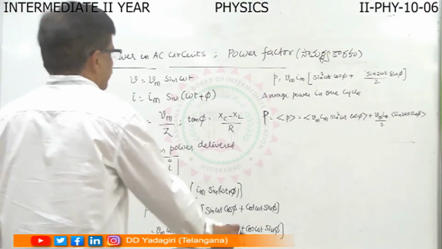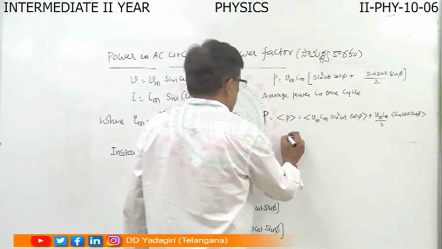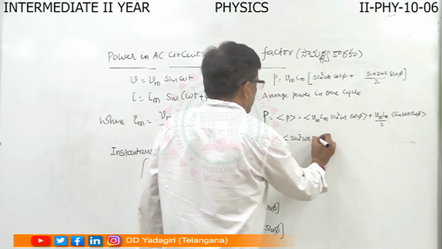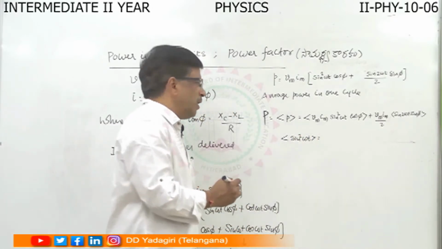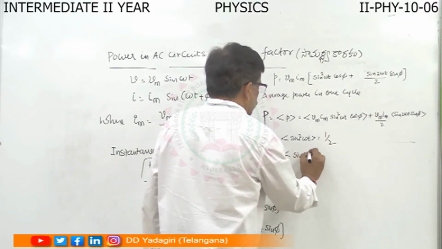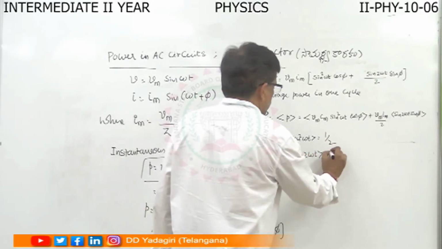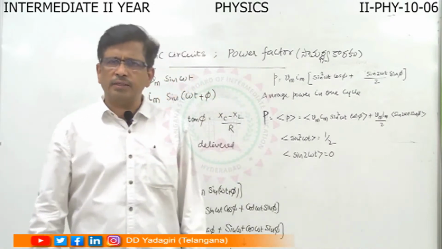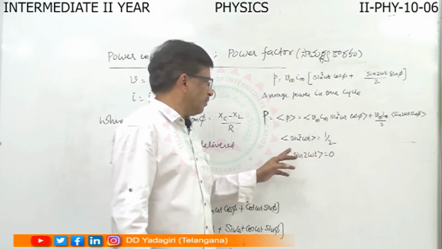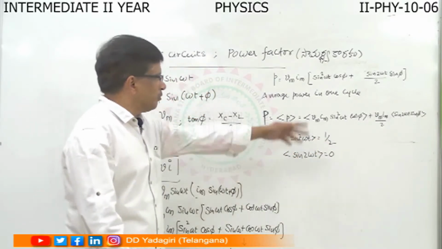So you already know the average of sin² ωt. We already proved its value to be half. And we proved the average value of sin 2ωt as 0. In the earlier classes, I explained how to get this value of half and 0. So substitute these values here.